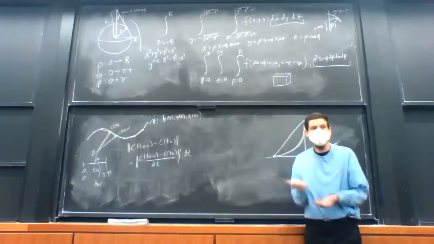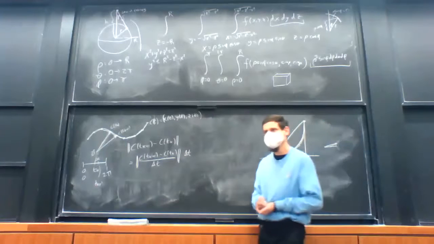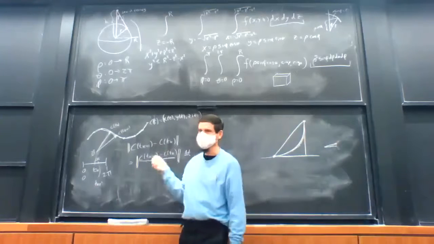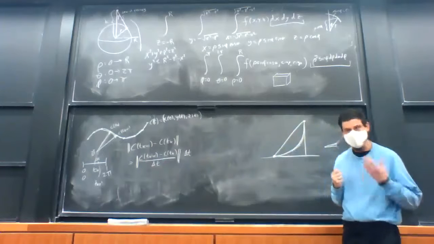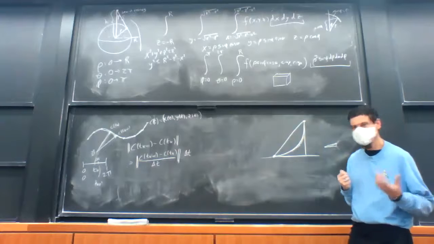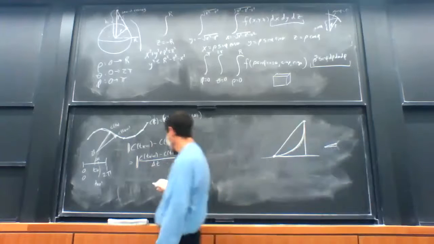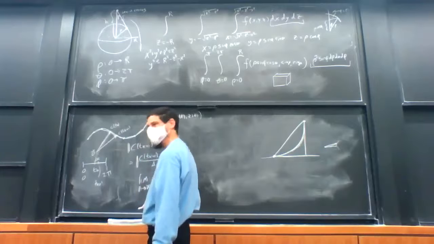So I can divide and multiply by the same thing. Why might I be doing this? Is this looking like anything you might know? What is it looking like? The definition of the derivative of c of t.